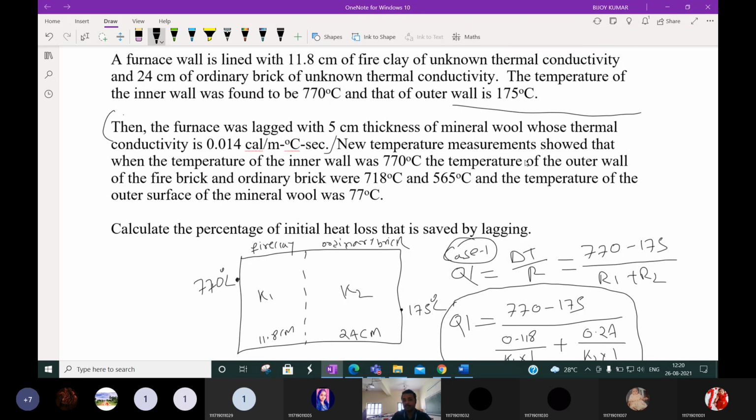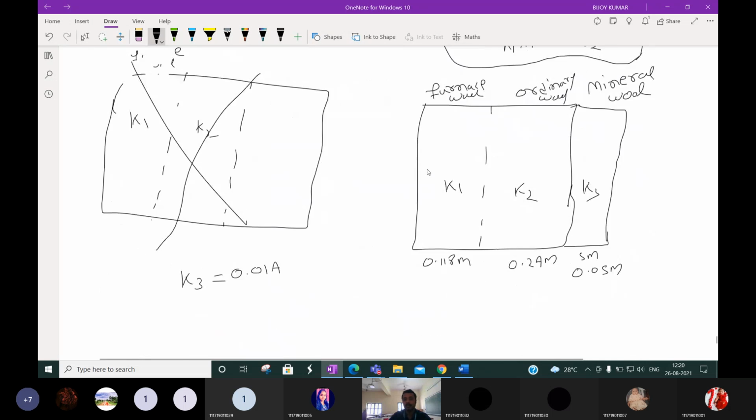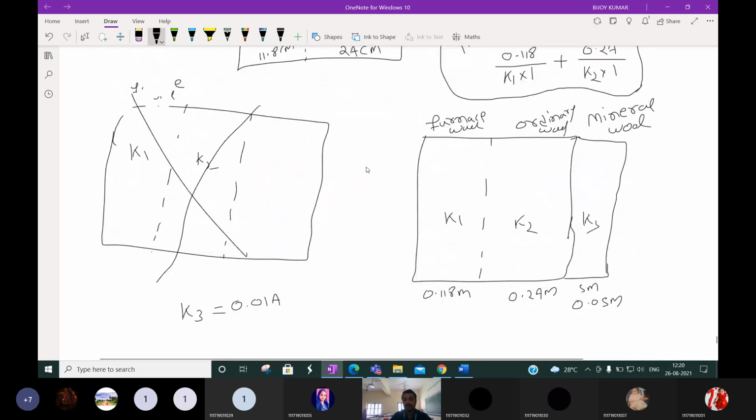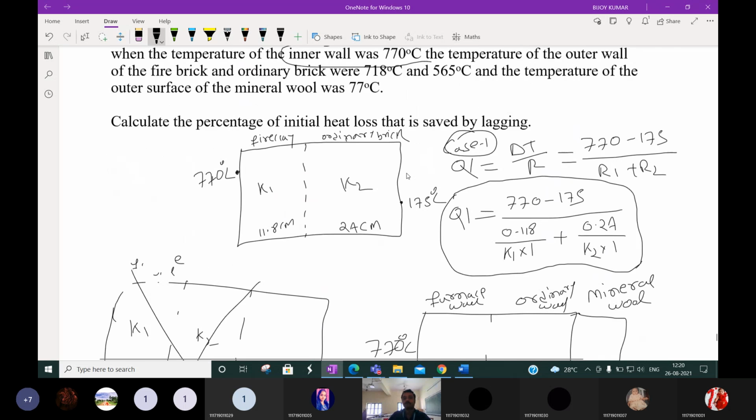The new temperature measurements showed that when the temperature of inner wall was 770 degrees centigrade, the temperature of the outer wall of the brick is... Read it once again. Inner wall means this is the inner wall, it is given 770 degrees centigrade.